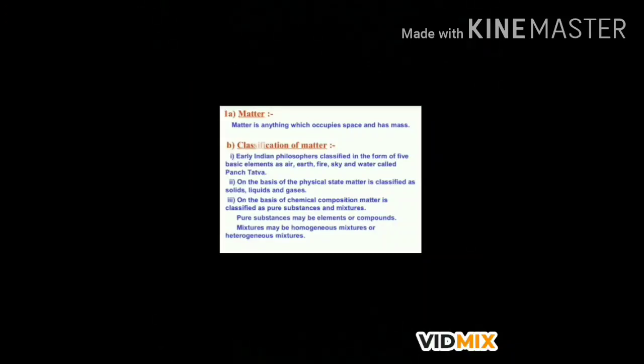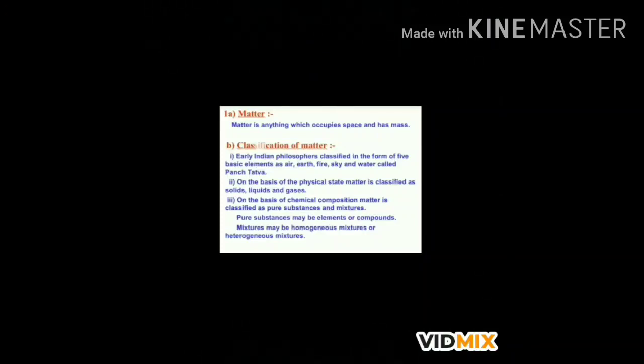Since early times, human beings have been trying to understand their surroundings. The Greek and Indian philosophers and scientists have been trying to analyze and classify matter. The early Greek philosophers suggested that there are four basic elements: fire, water, air and earth, which constituted all materials. Interestingly, almost the same concept was developed by Indian philosophers.